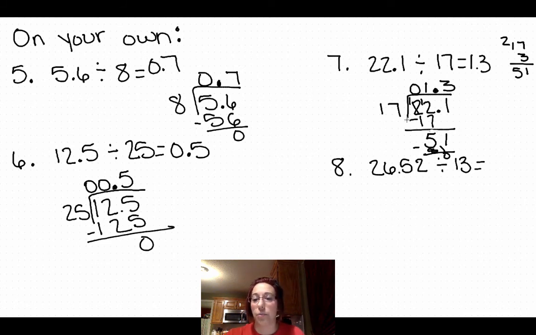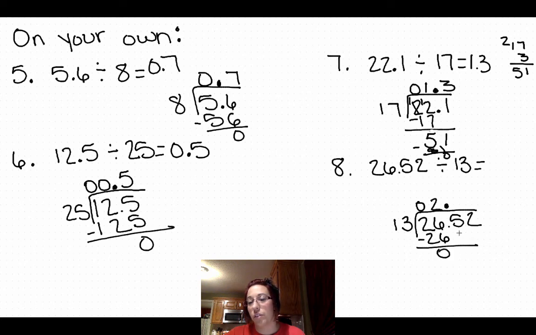Last on your own problem down here, we have 26 and 52/100 divided by 13. Decimal goes straight to the top. 13 will not go into 2, but will go into 26 twice. Bring down 5. 13 cannot go into 5, so I put a 0. Bring down 2. 13 can go into 52.